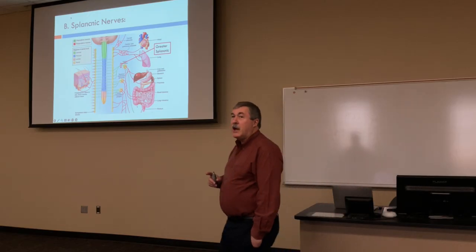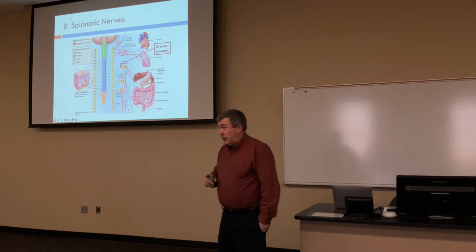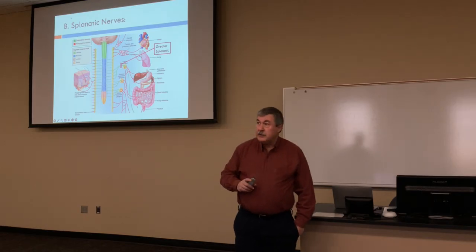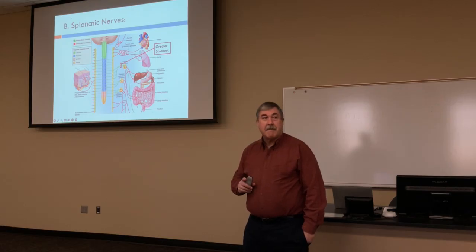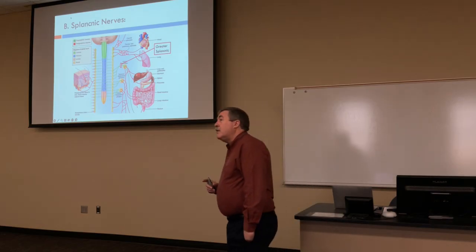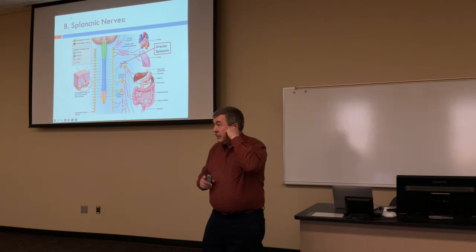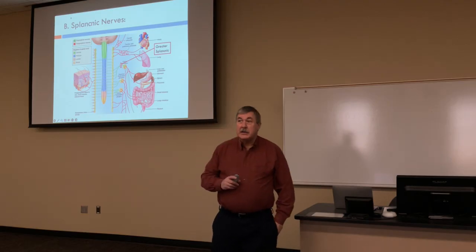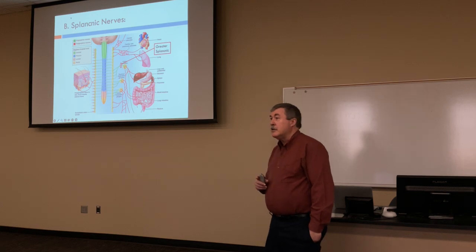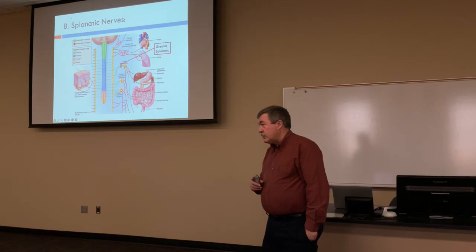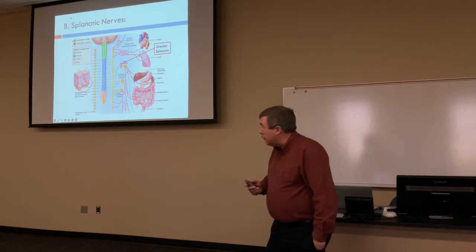So what's one anatomical difference between the sympathetic and parasympathetic division? I'll give you a clue. How about the relative lengths of the preganglionic and the postganglionic neurons? How are those different? Sympathetic ones are shorter. Which ones, the preganglionic? Right.